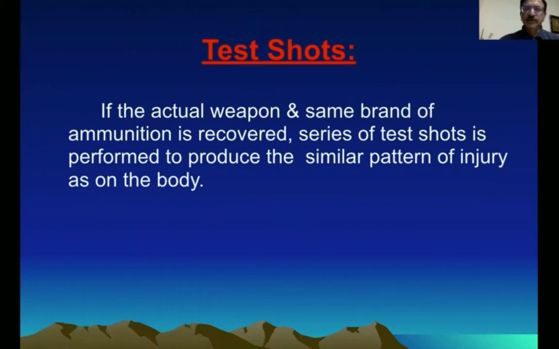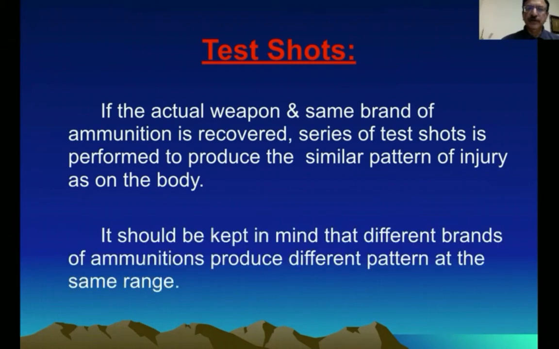That means if the actual weapon and the same brand of ammunition is recovered, a series of test shots is performed to produce the similar pattern of injury as on the body. And this thing should be kept in mind, that different brands of ammunition produce different patterns at the same range.